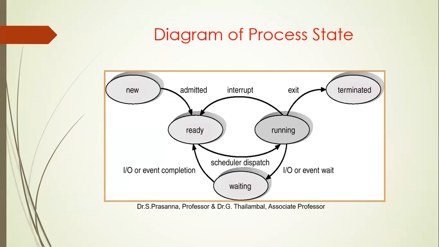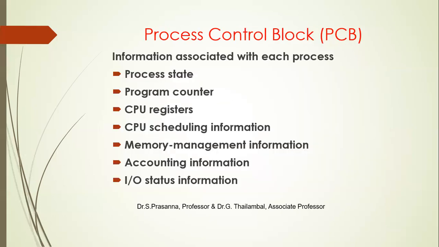After everything is executed, the running process will be terminated and placed in the terminated state by exiting. So you have all 5 states available in this diagram: new state, ready state, running state, waiting state, and the final state, the terminated state.